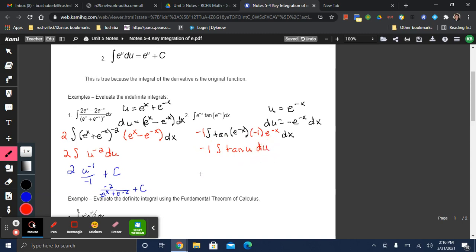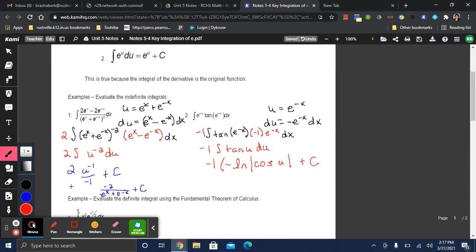So the antiderivative of tangent of u, this is one of those that I let you have a cheat sheet for, so you may not know it as well, but it's -1, and then this antiderivative is negative. It's the negative of the natural log of the absolute value of the cosine of the u, and then plus c.